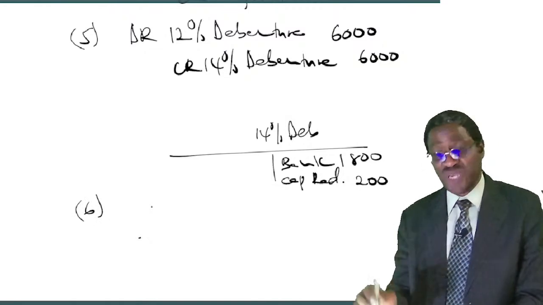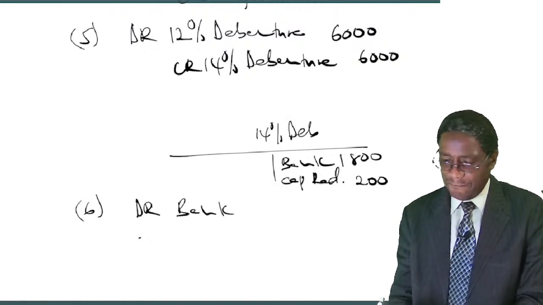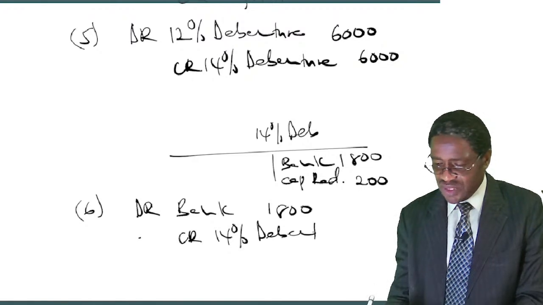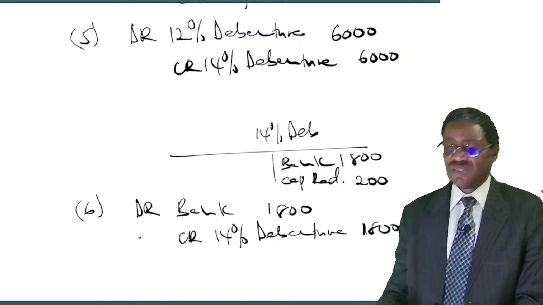Number 6 we can separate, no problem. Debit bank 1.8, credit 14% debenture 1.8. That's one.